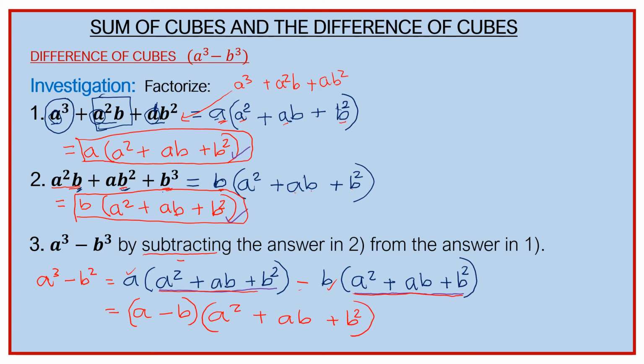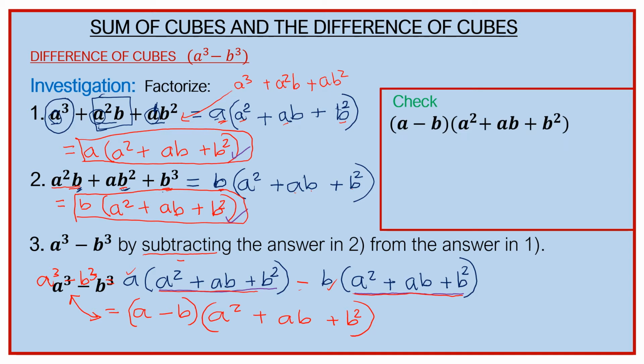So this means that if we have a³ − b³, we will get (a − b)(a² + ab + b²).